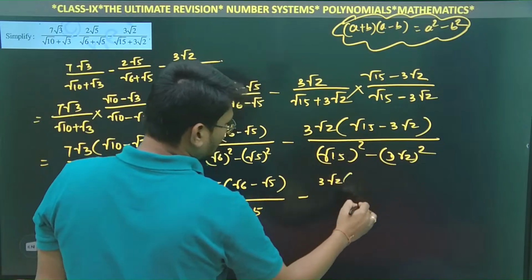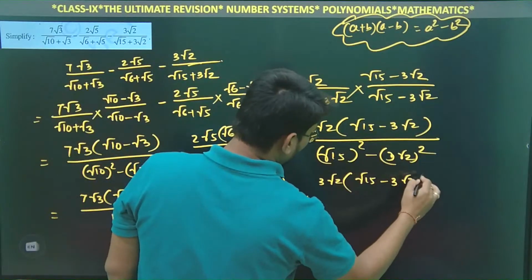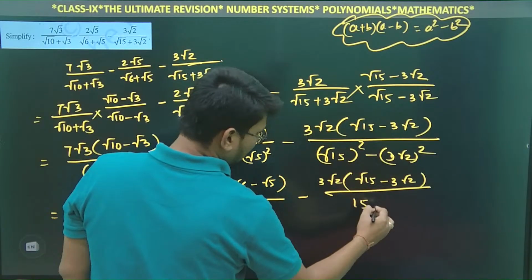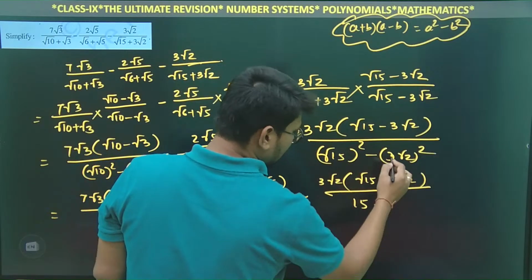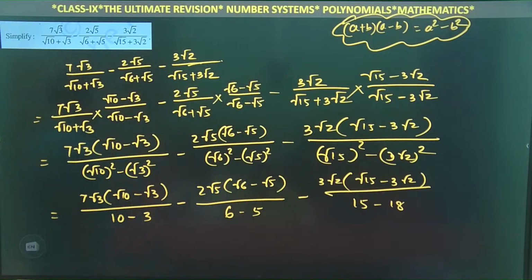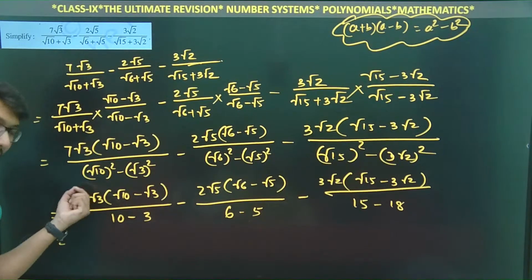Minus 3 root 2 into root 15 minus 3 root 2, divided by root 15 square minus 3 root 2 square, what? 3 nines are 27... 15 minus 18. Is that clear? So tell me what? 7 root 3 here, 10 minus 3. 7 will be cancelled or not?